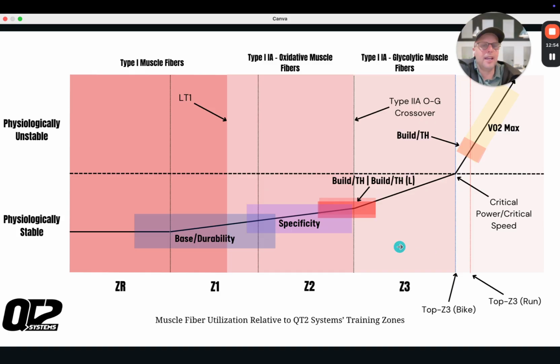And then here we have a build threshold block. This is for the athlete who is in a more anaerobic state. Their critical power is too low relative to their power at VO2 max. And here we are doing work that is just below threshold, okay, and work that is just above threshold.